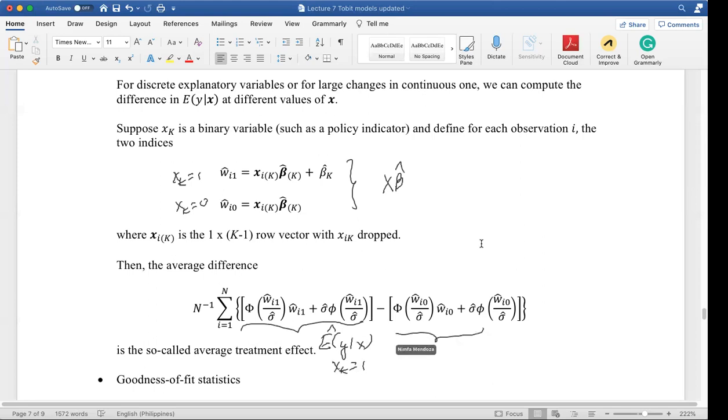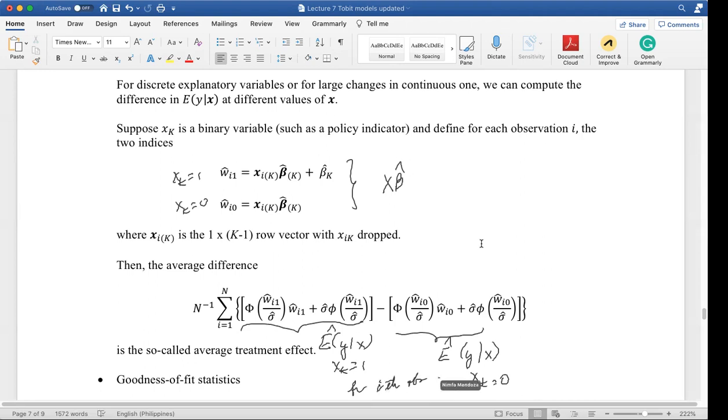This is the expected value of y given x when x sub k is equal to 0 for the ith observation.